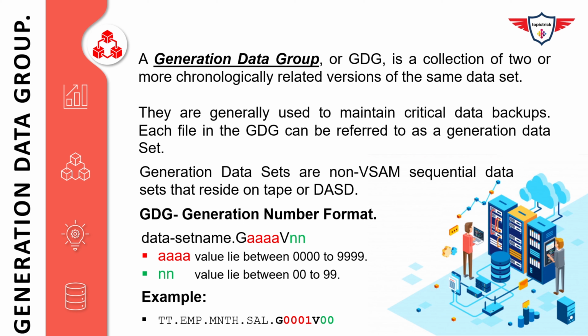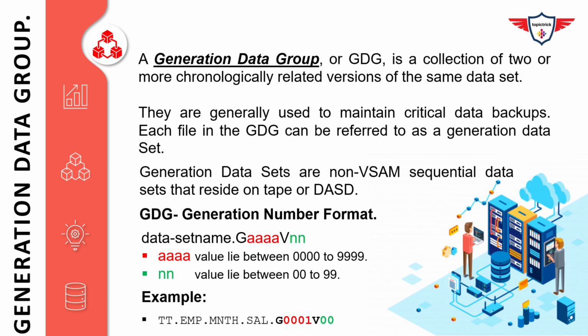The absolute generation number consists of 4 digits for the generation number and 2 digits for the version number. Because these numbers require 9 characters including period, the dataset name of a generation data group is limited to 35 characters instead of 44 characters.